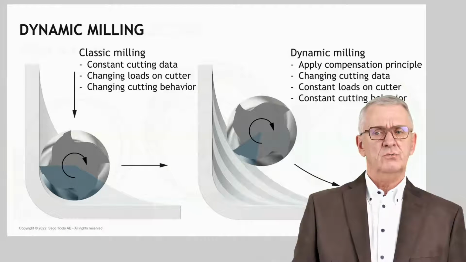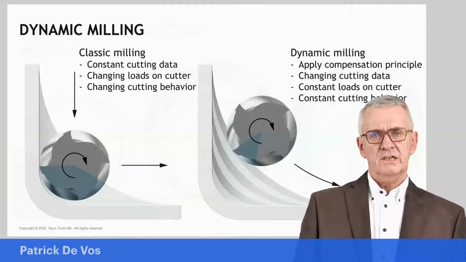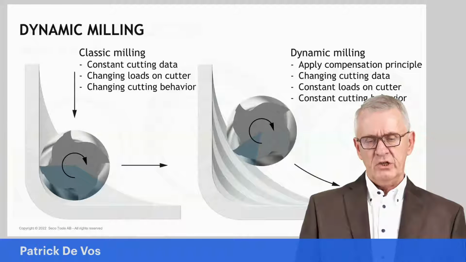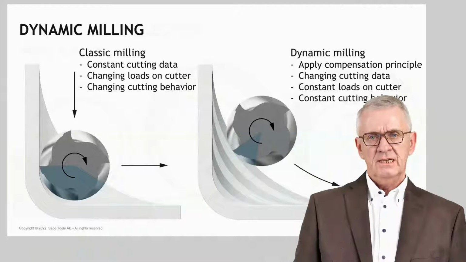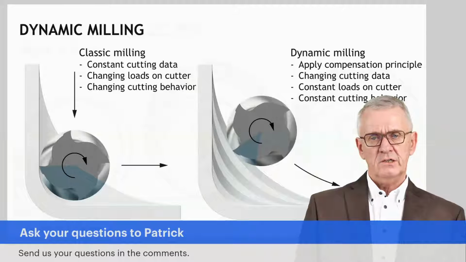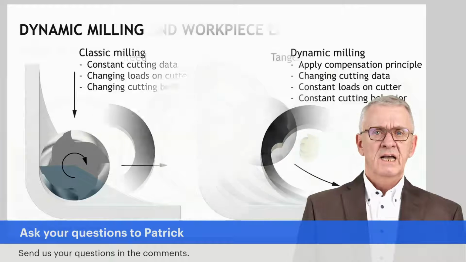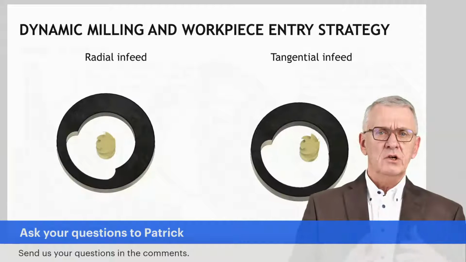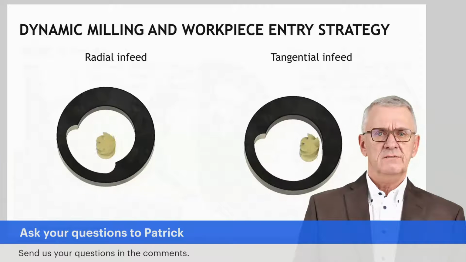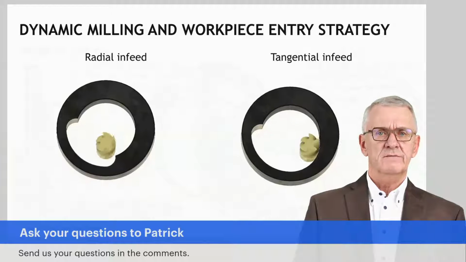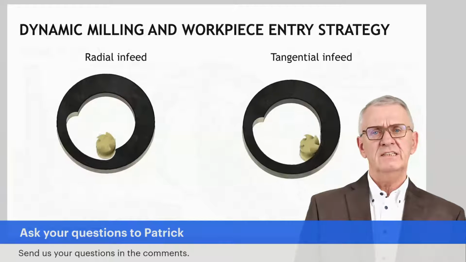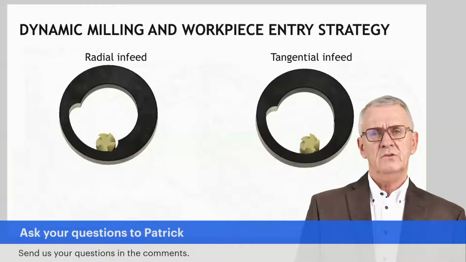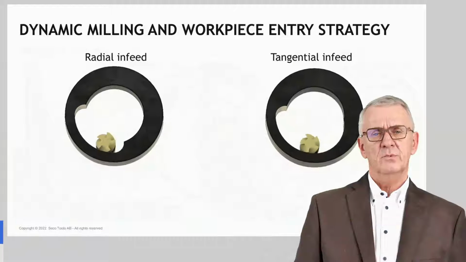Variable approaches are where I take into consideration that a milling cutter situation, second by second, can end up in a different situation that leads to different behavior of a milling cutter, and I want to compensate for that. That brings me to a little group of strategies, very often overlooked, not given enough attention, referred to as entry strategies. How do I start a milling operation?